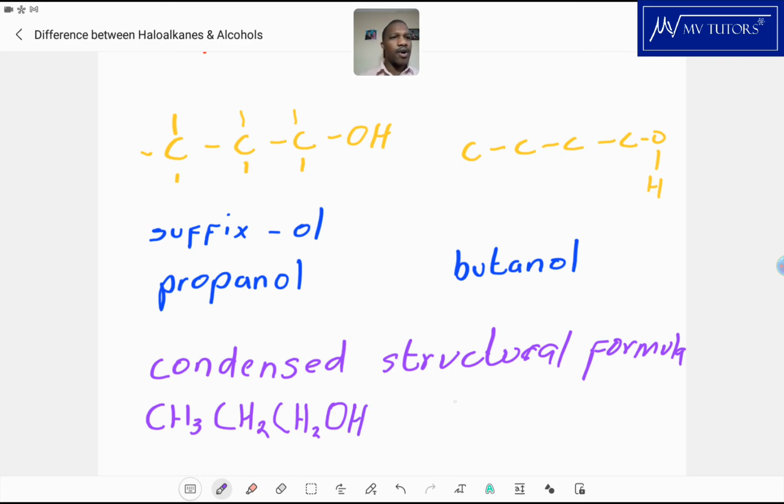Okay, likewise the side, you will have one C attached to 3 H's, 1 C with 2 H's, 1 C with 2 H's, 1 C with 2 H's, and then OH. That's for this one over here. Remember, each carbon must have 4 bonds.